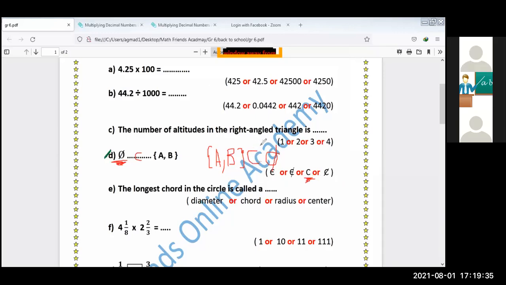I will take it now. Phi is a subset of any set, but any set isn't a subset of phi. Okay, don't be confused. Phi is a subset, isn't. Correct?